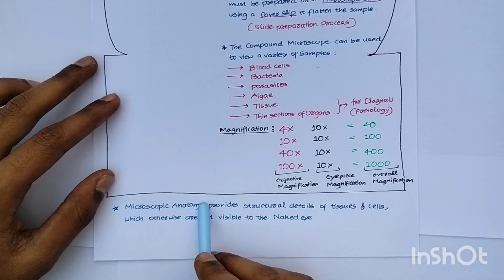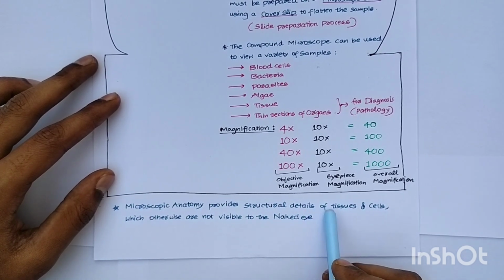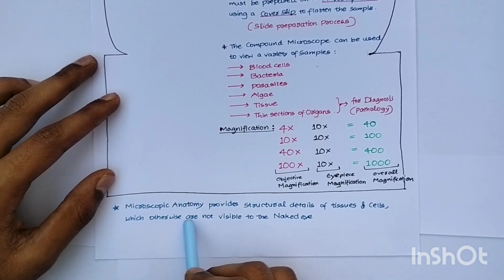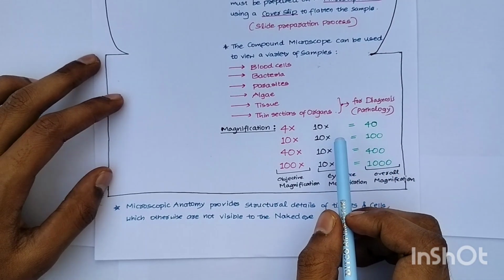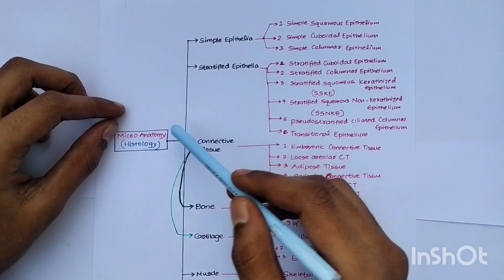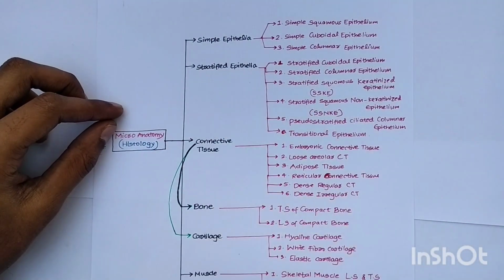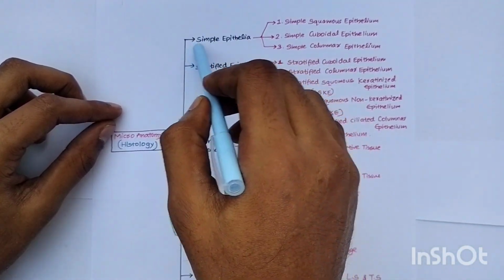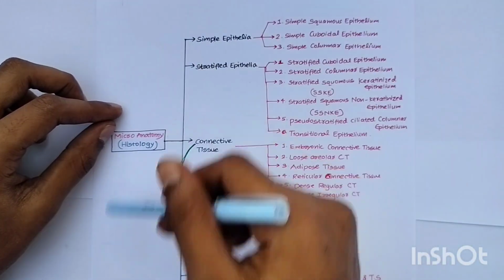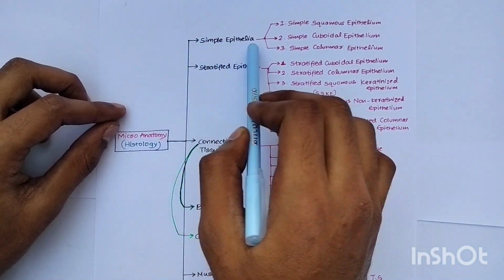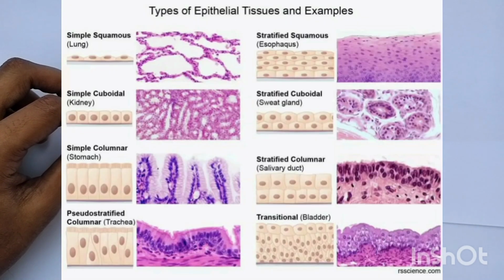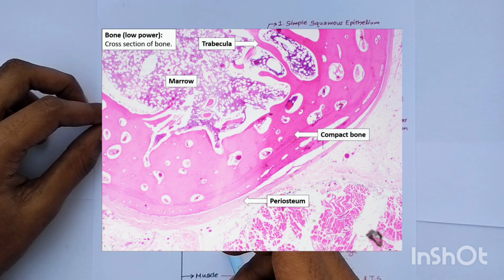So microscopic anatomy provides structural detail of tissues and cells which otherwise are not visible to the naked eye. In microscopic anatomy, histology, in the UG curriculum, we'll study the following tissues: cells, simple epithelia, stratified epithelia, connective tissues, bone, and cartilage.